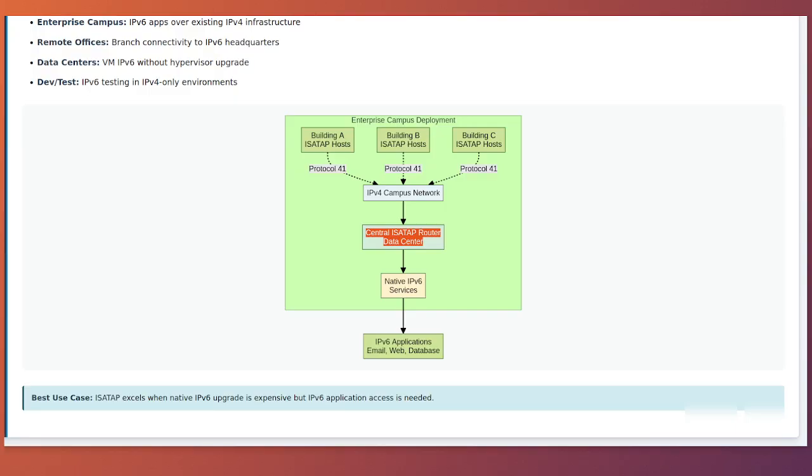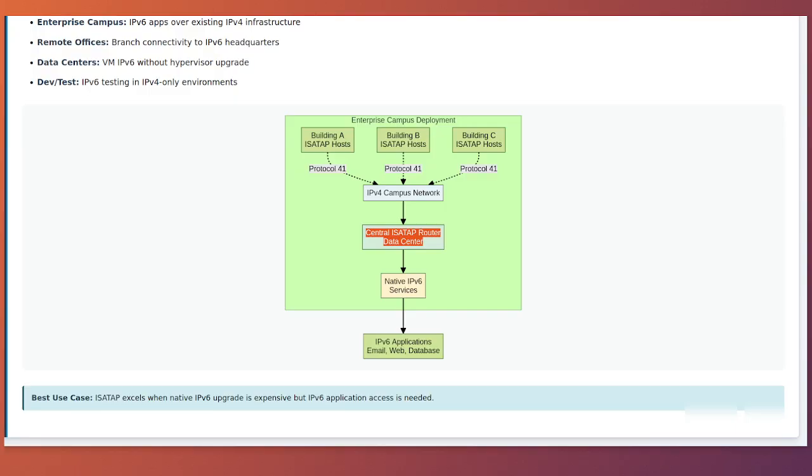Each virtual machine can run an ISATAP client, and a virtual ISATAP router provides gateway services. This approach works particularly well during migration phases when some workloads need IPv6 but the underlying virtualization platform hasn't been upgraded yet.